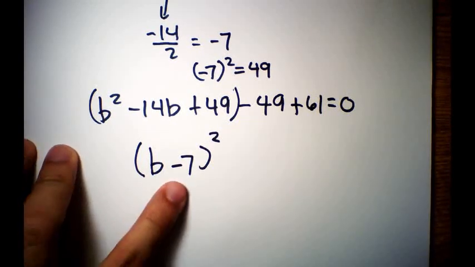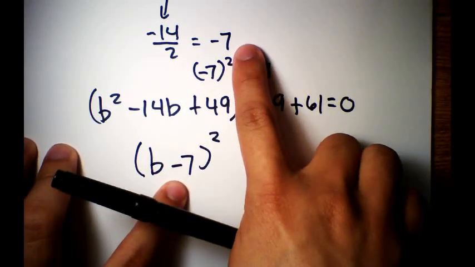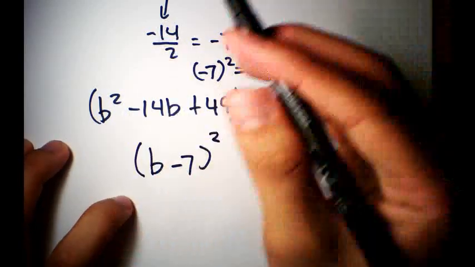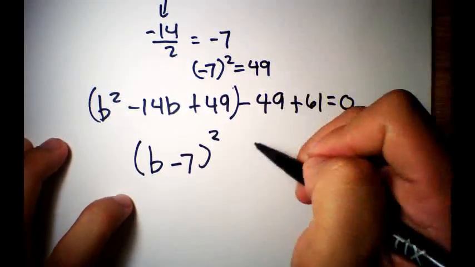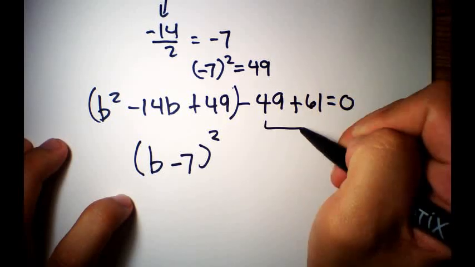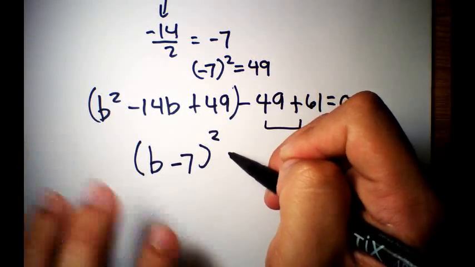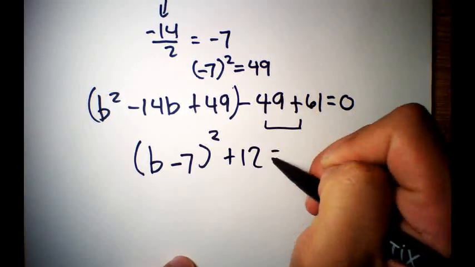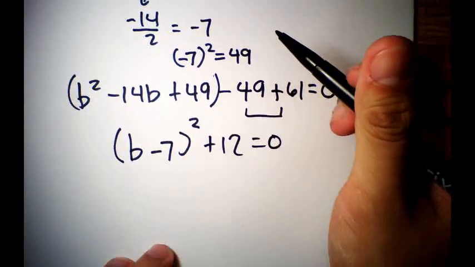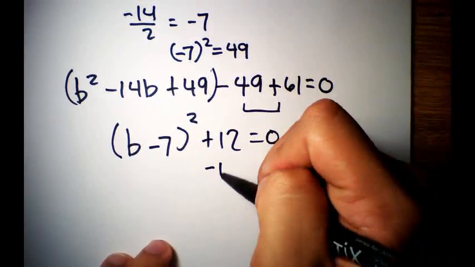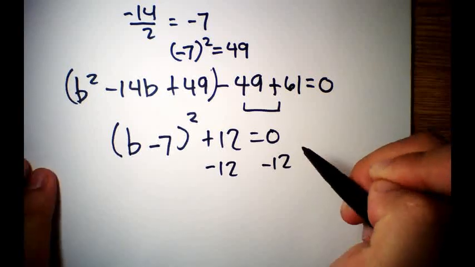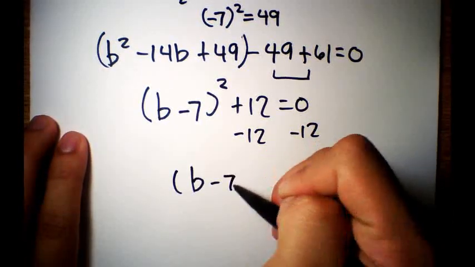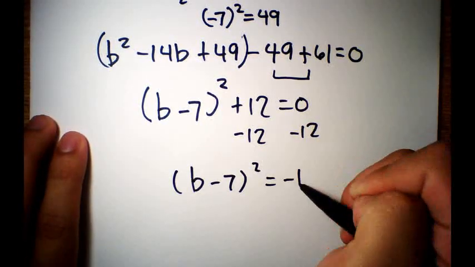Remember, this number over here is the same number as the number after you divide it by 2, so you don't have to think about it. Then this is going to be negative 49 plus 61, that's going to be plus 12 is equal to 0. Well, just keep going. We're going to subtract 12 on both sides now. Then we have b minus 7 squared is equal to negative 12.